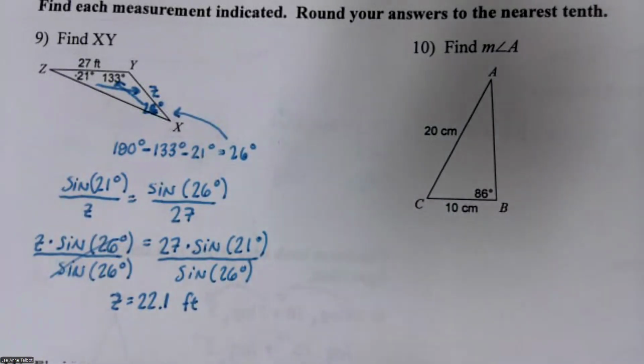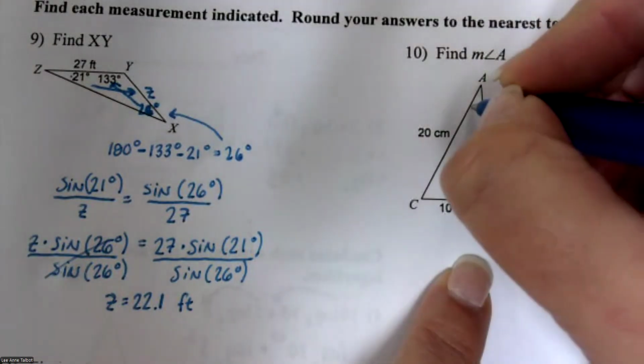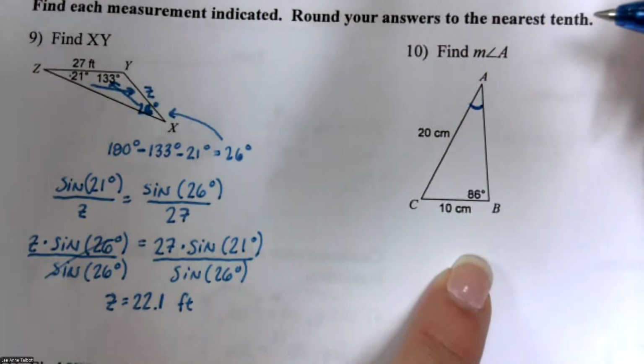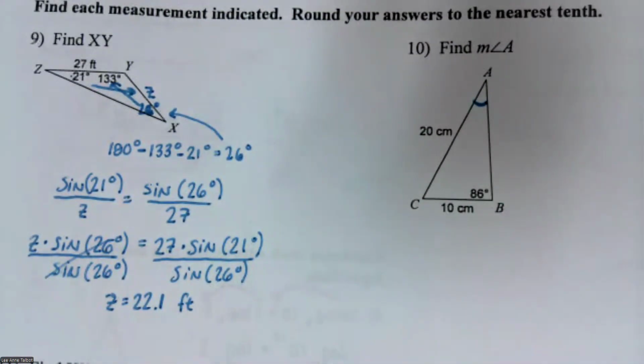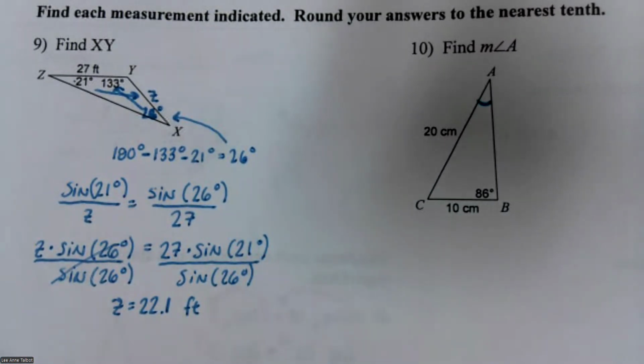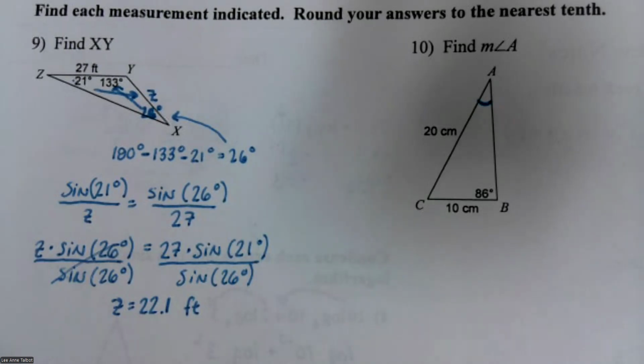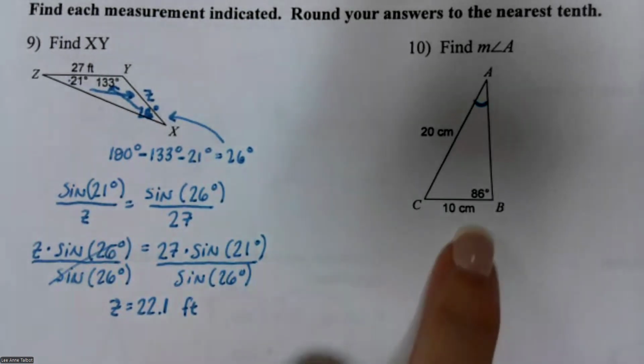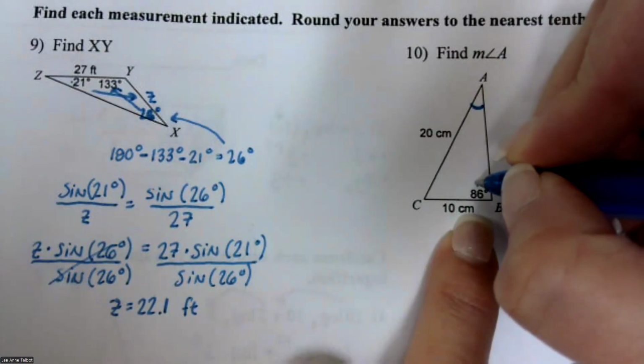Number 10 says find the measure of angle A. That's going to be here. Is this side angle side or side side side? Nope. Okay, so my proportion is going to go like this.